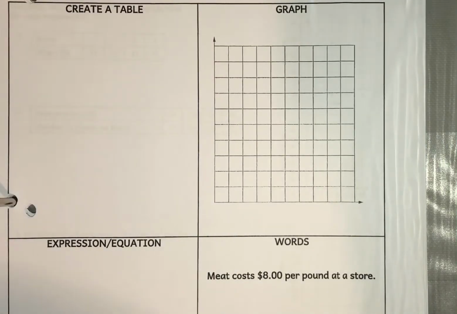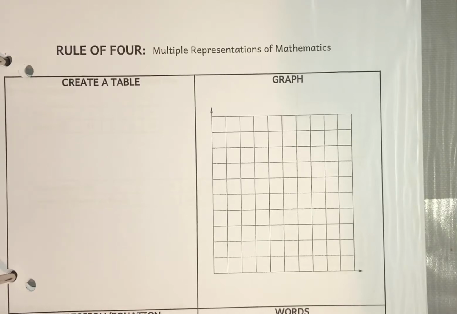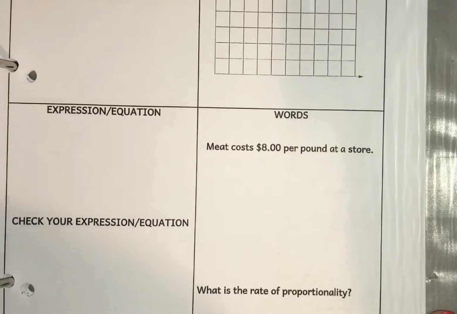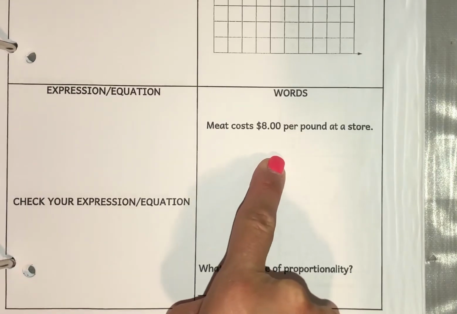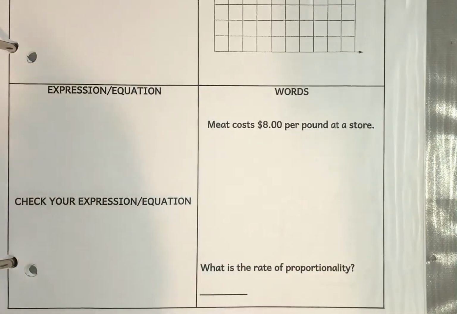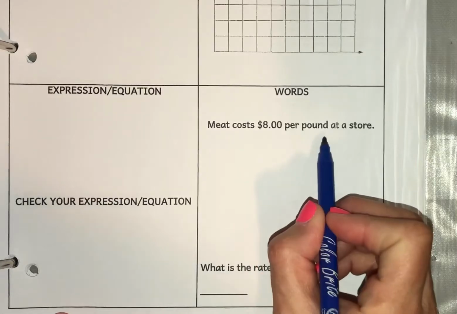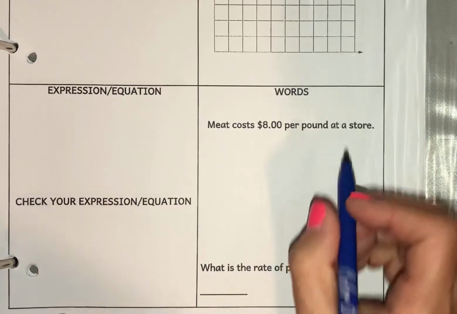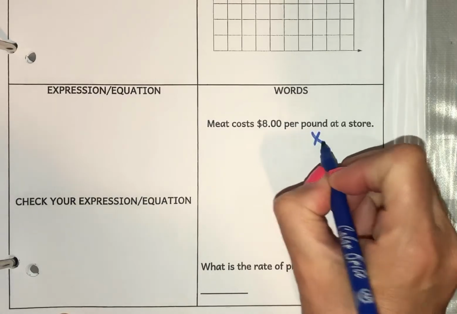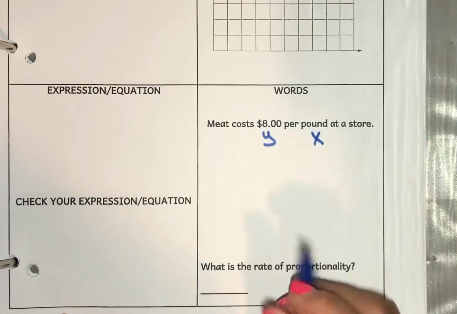Your next one is another multiple representations problem. This time they're giving you the words. So they're telling you that the meat costs $8 per pound. So pounds would be your X values, and these would be your Y values.